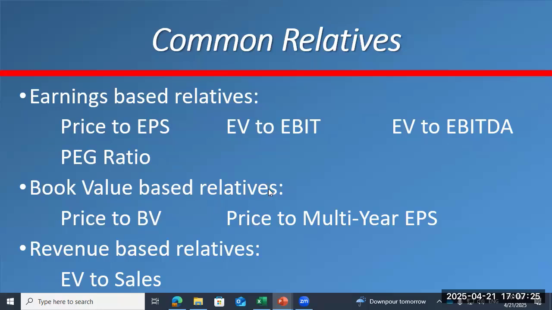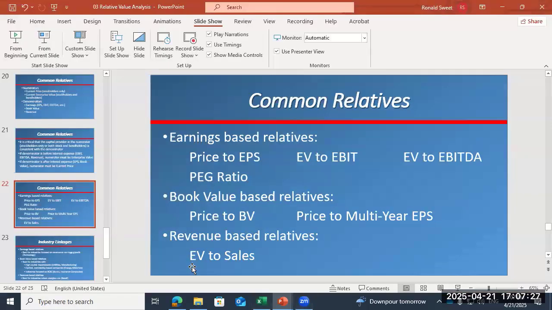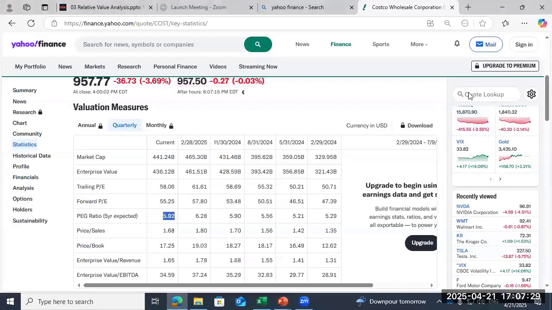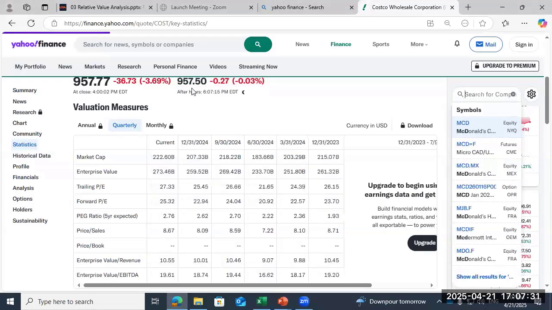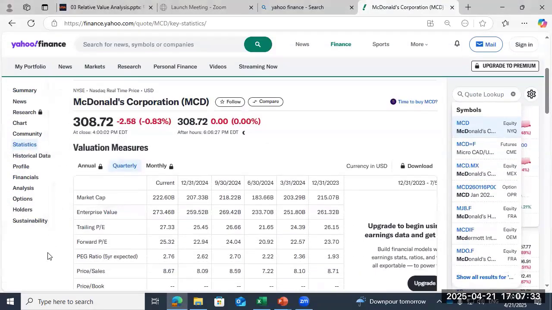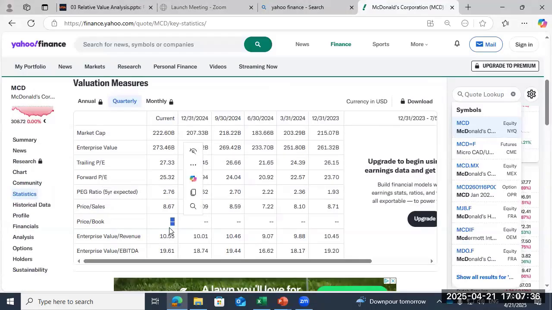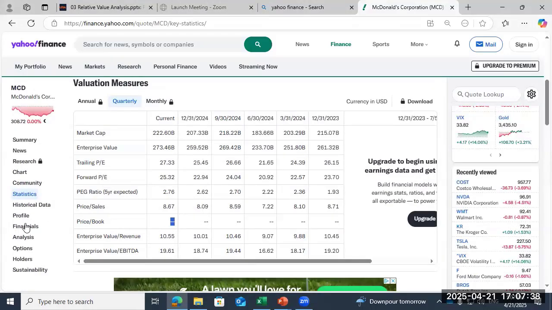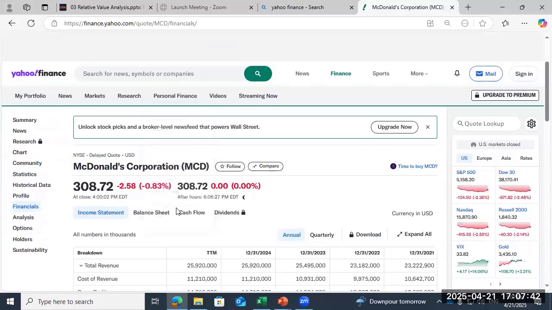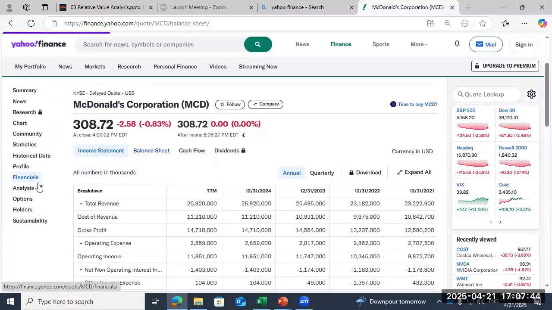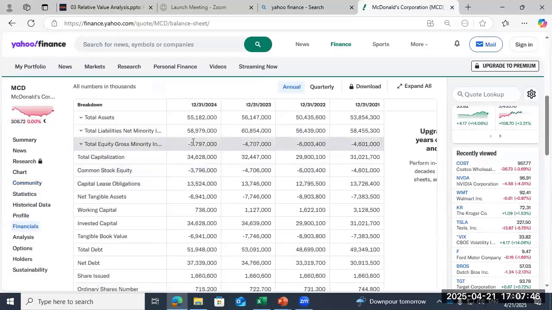Right now, price to book is a little tough, because if we look at McDonald's, what's McDonald's price to book? It's dashes. Why is McDonald's price to book dashes? Didn't I show you all that earlier? What's McDonald's net worth? It's a negative number.